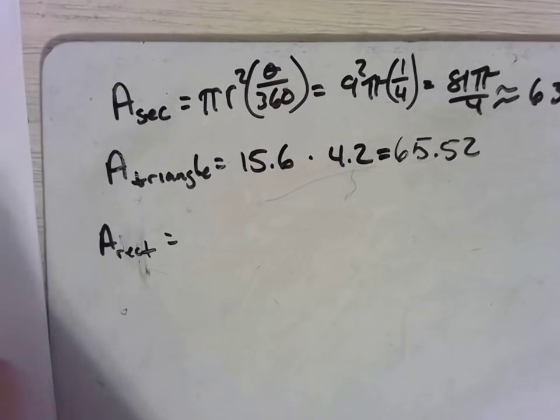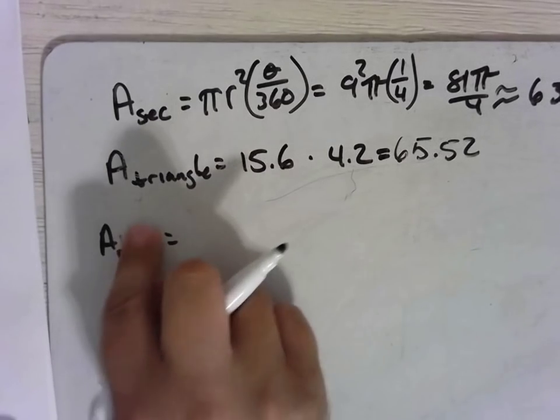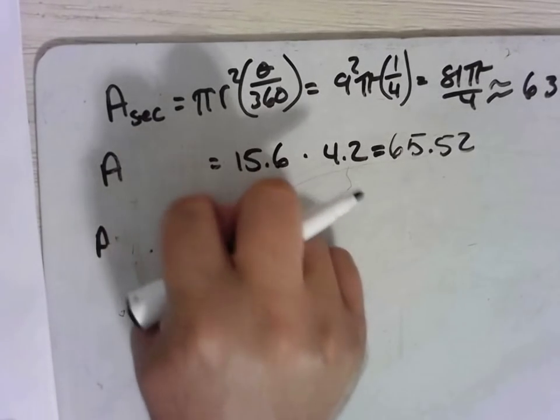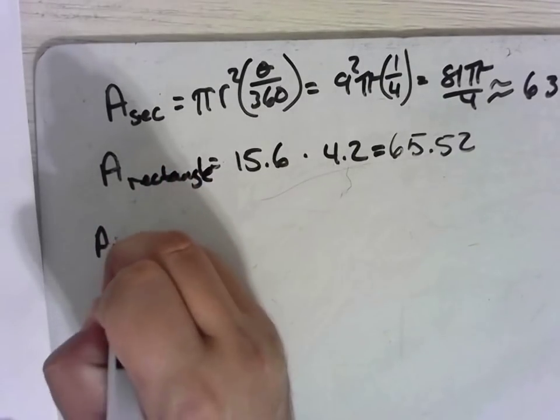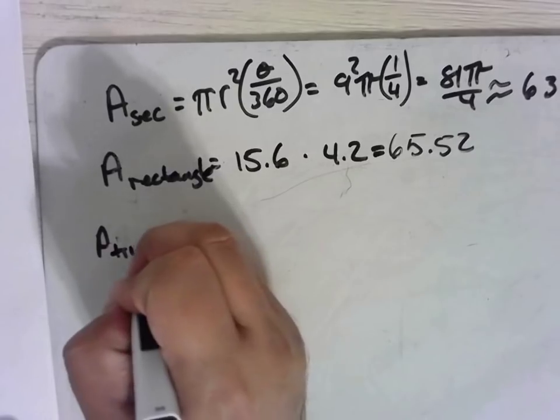Then the area of the triangle, oh, I messed this up. This was the rectangle. That's the triangle.